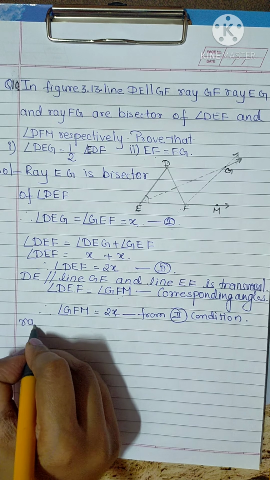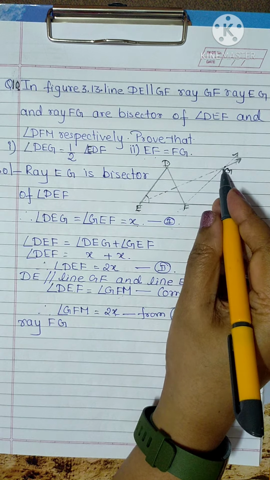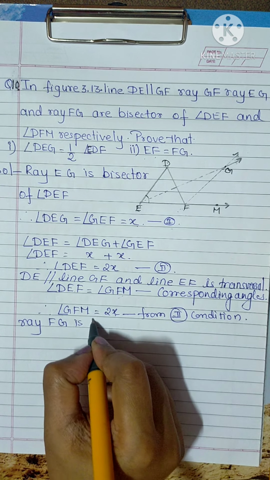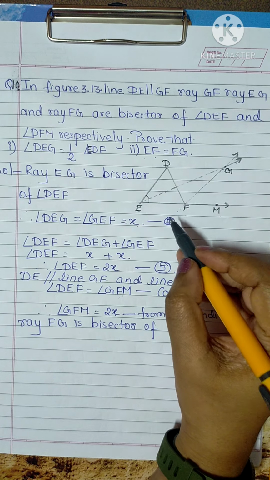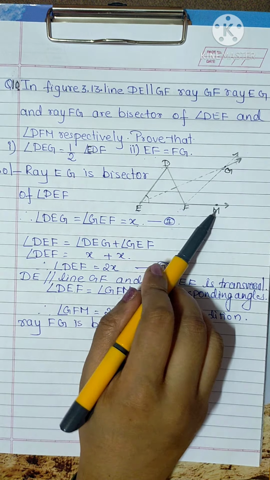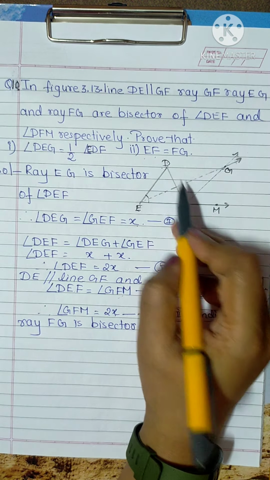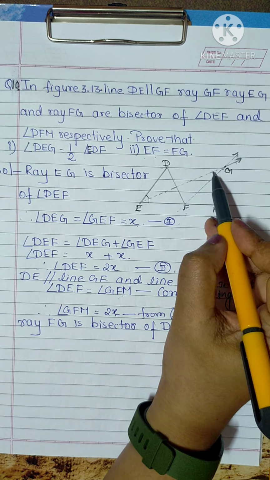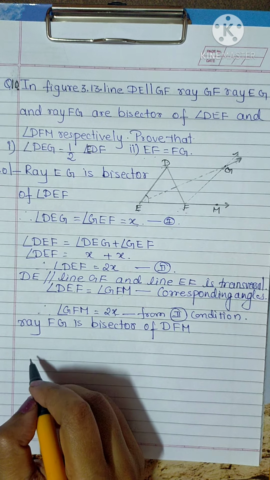Now ray FG is a bisector of angle DFM. You can see DFM, the bisector is FG. I hope you are understanding.